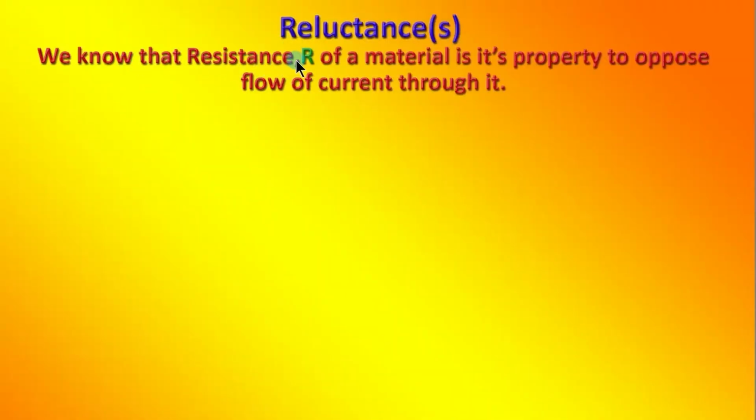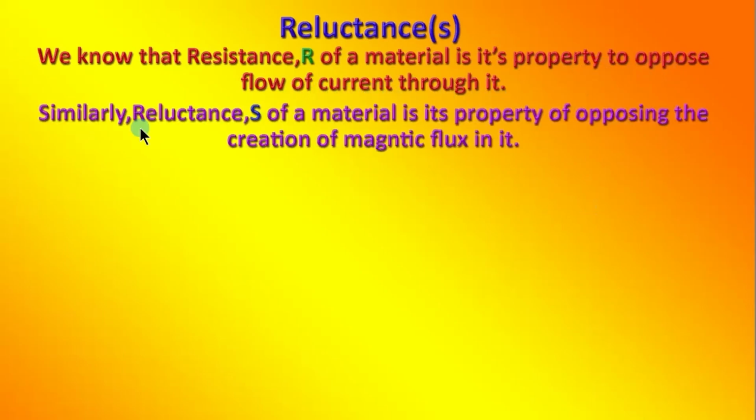Reluctance. We know that resistance R of a material is its property to oppose flow of current through it. Similarly, reluctance denoted by S of a material is its property of opposing the creation of magnetic flux in it.